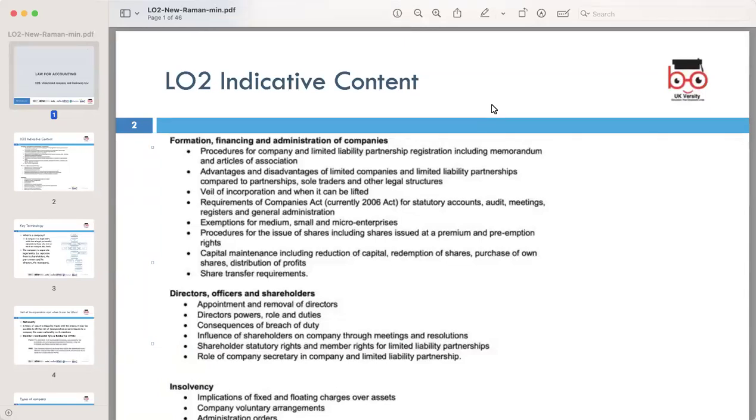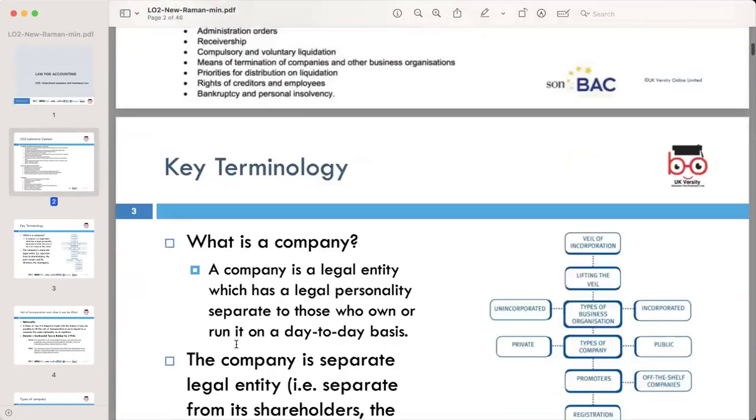We will discuss the advantages and disadvantages of companies, limited liability partnerships compared to partnerships, sole traders, and other legal structures, the veil of incorporation, directors, officers, and shareholders, and insolvency.